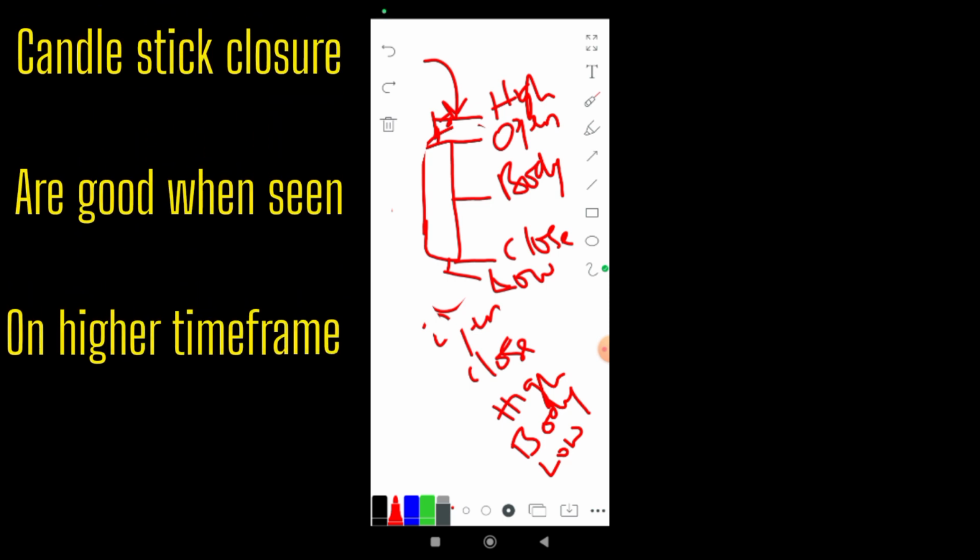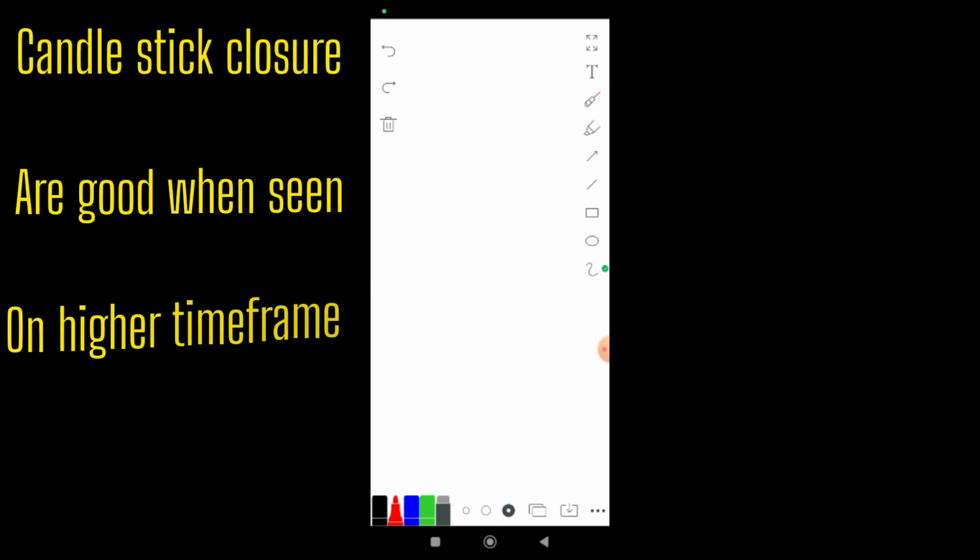So having identified this, I want to show you something which you need to see. Let's take for example, we have this kind of candle formation. Let me show us this scenario. We have this kind of candle, then we have something like this.